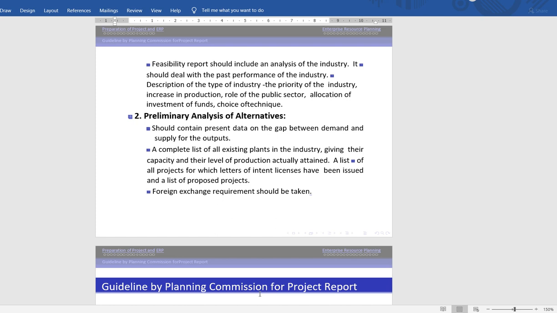It should contain a complete list of existing plants in the industry, giving their capacity and the level of production actually attained. Also a list of all projects for which letters of intent or licenses have been issued, and a list of proposed projects. These points should be included under preliminary analysis of alternatives.